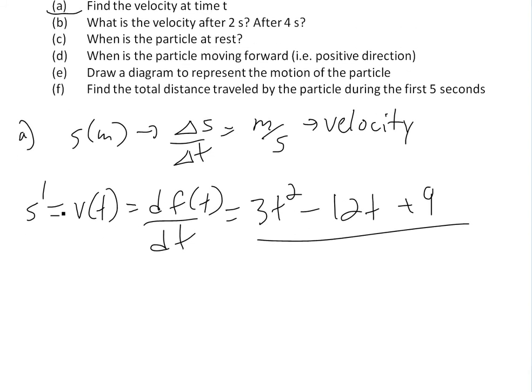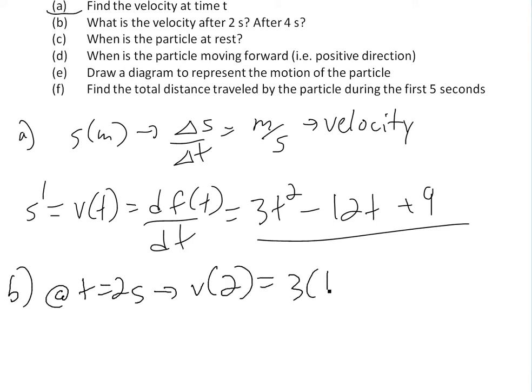Now let's solve for b. What is the velocity after 2 seconds? At t equals 2 seconds, v of 2 is equal to 3 times 2 squared minus 12 times 2 plus 9.